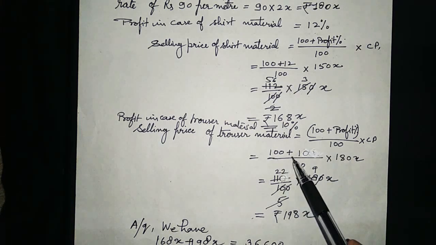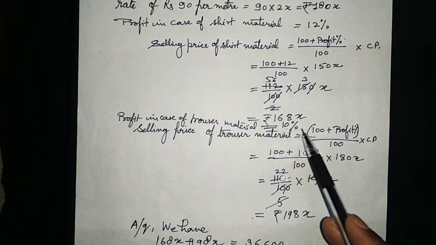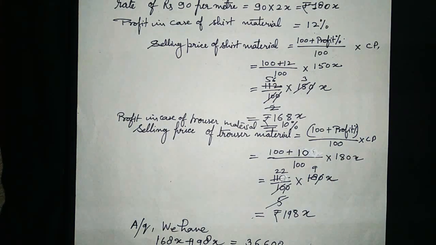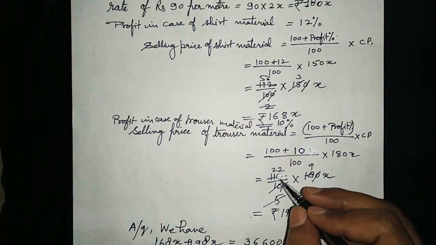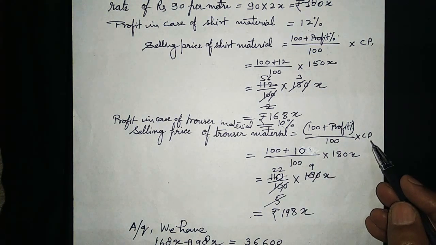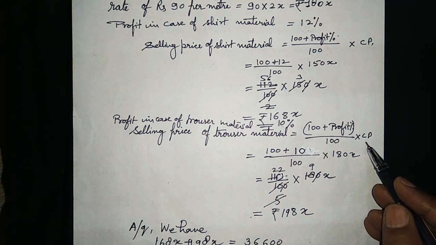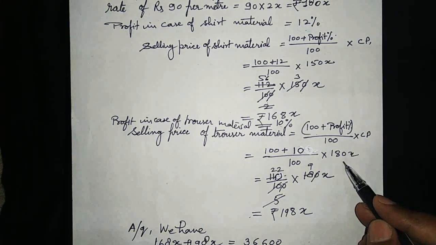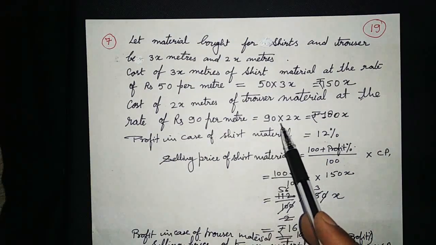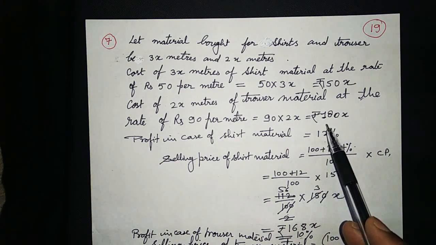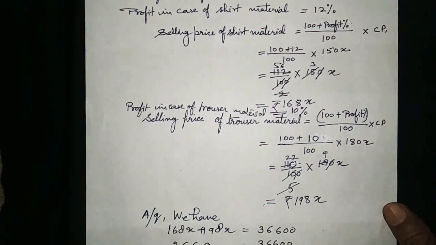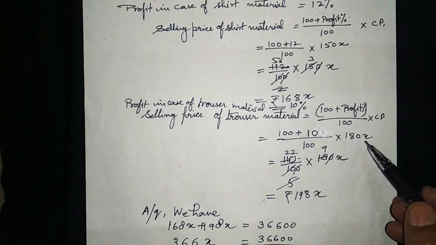Here the profit percent is 10. Then 100 plus 10 gives 110 upon 100. And in place of CP, we will write 180x, which we have calculated here. You can see 90 into 2x is equal to rupees 180x. So here you will write 180x.